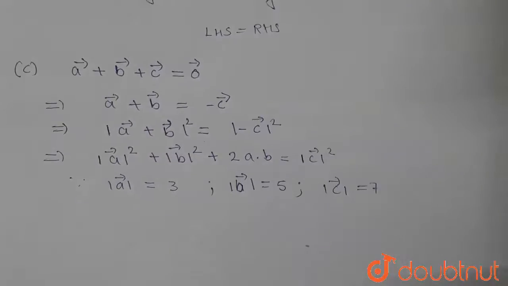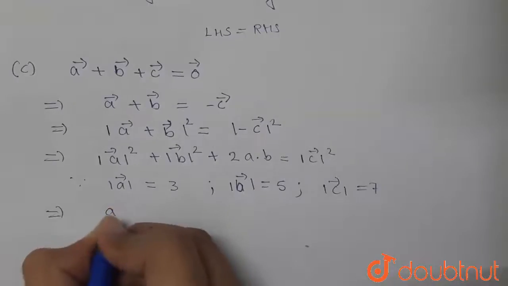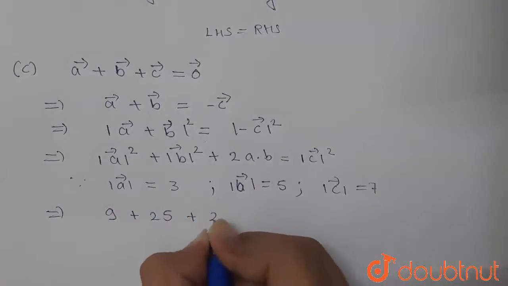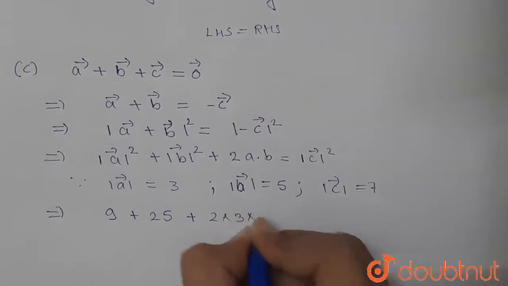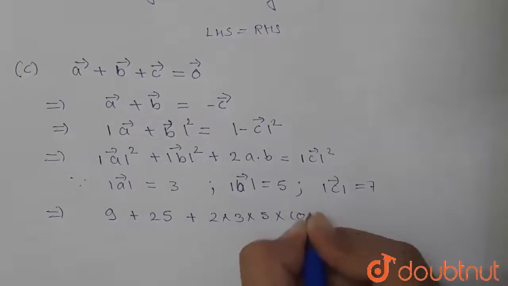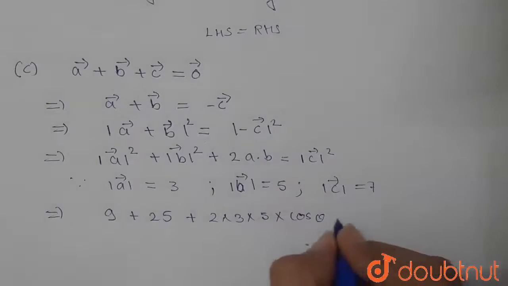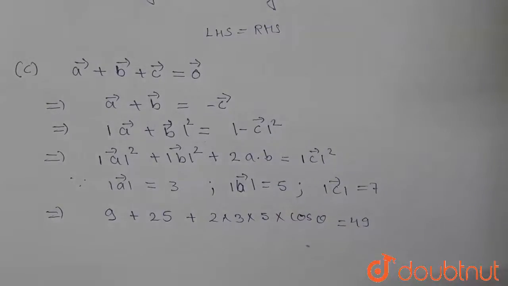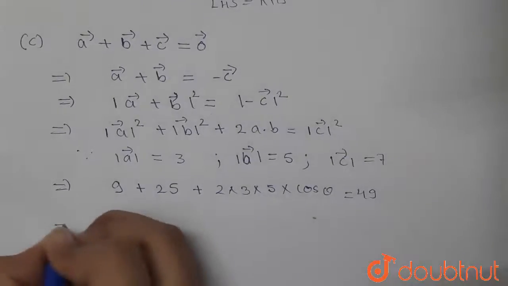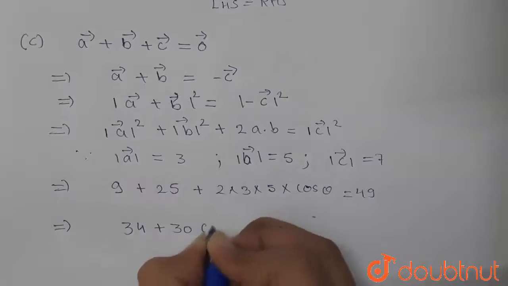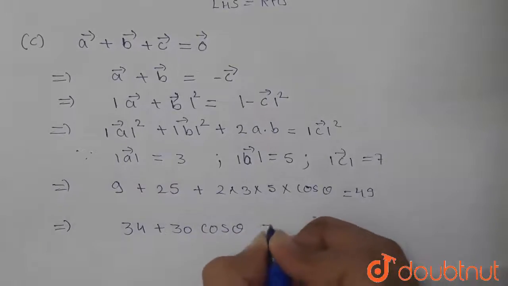On putting the values, this will be 9 plus 25 plus 2 into 3 into 5 into cos theta, where theta is the angle between A and B, and this will become 49. So this is coming as 34 plus 30 cos theta equal to 49.